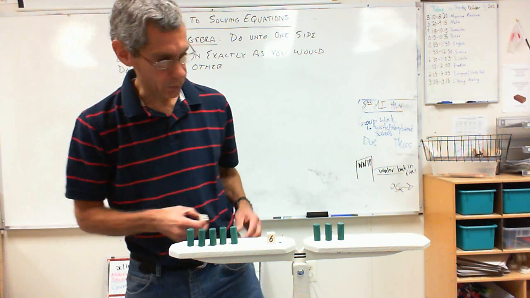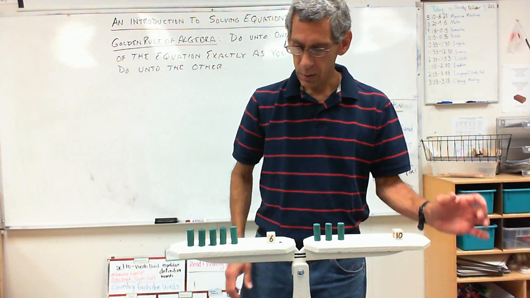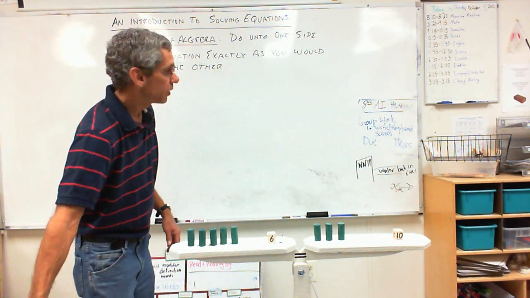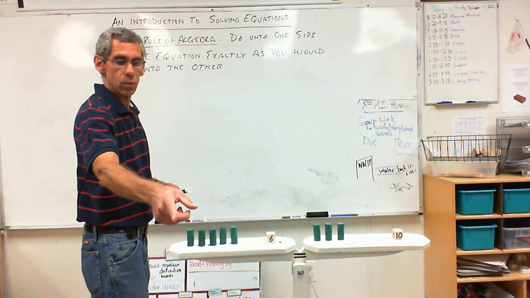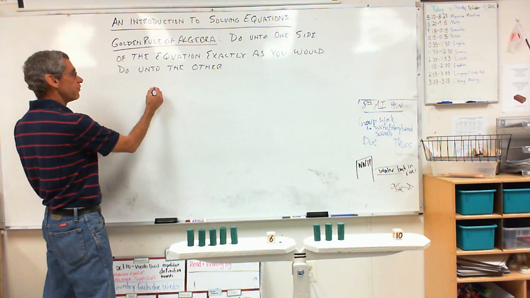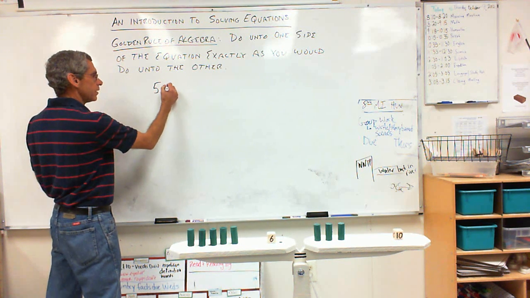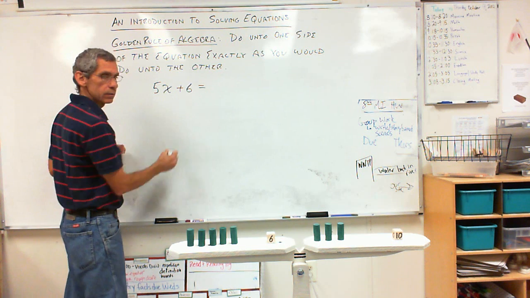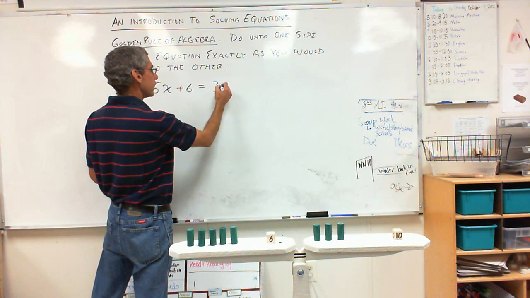You see my 10? I'll do that. All right. So I now have, and if I were going to write this on the board, what would it be? Plus 6. 1, 2, 3, 4, 5. 5x. This is what that says. 5x plus 6 is equal to 3x plus 10.